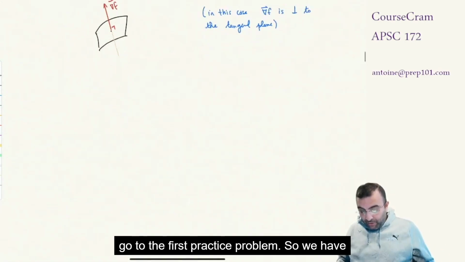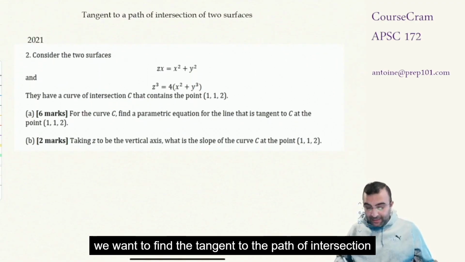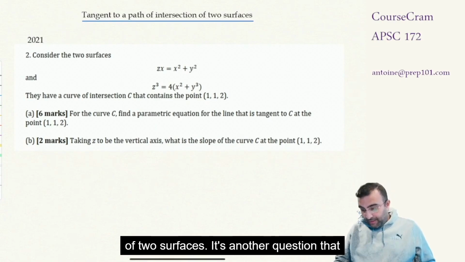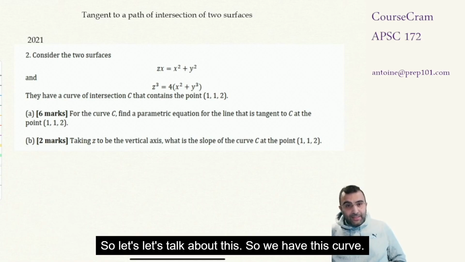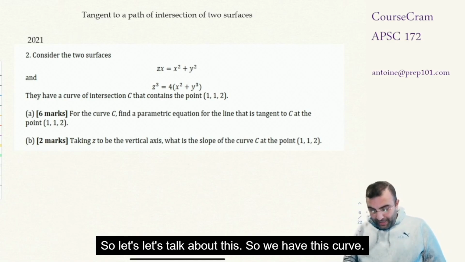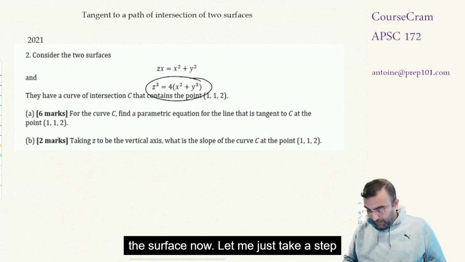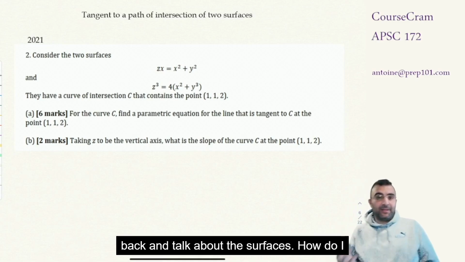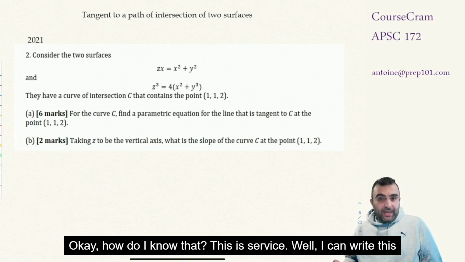So I want to go to the first practice problem. We want to find the tangent to the path of intersection of two surfaces. It's another question that comes up often. So we have this curve, we have this surface, and we have this surface. Let me take a step back and talk about these surfaces. How do I know that this is a surface?